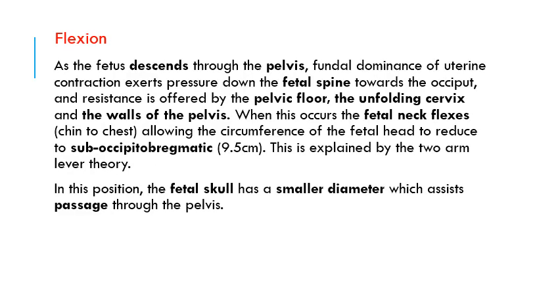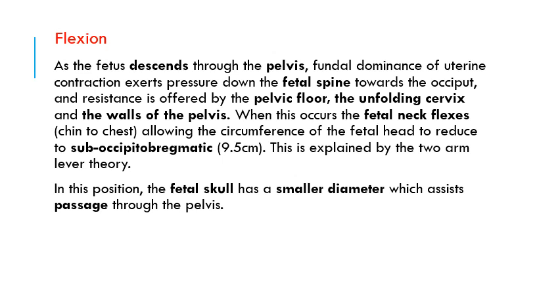Flexion. As the fetus descends through the pelvis, fundal dominance of uterine contraction exerts pressure down the fetal spine towards the occiput. At the same time, resistance is being offered by the pelvic floor, the unfolding cervix, and the walls of the pelvis.